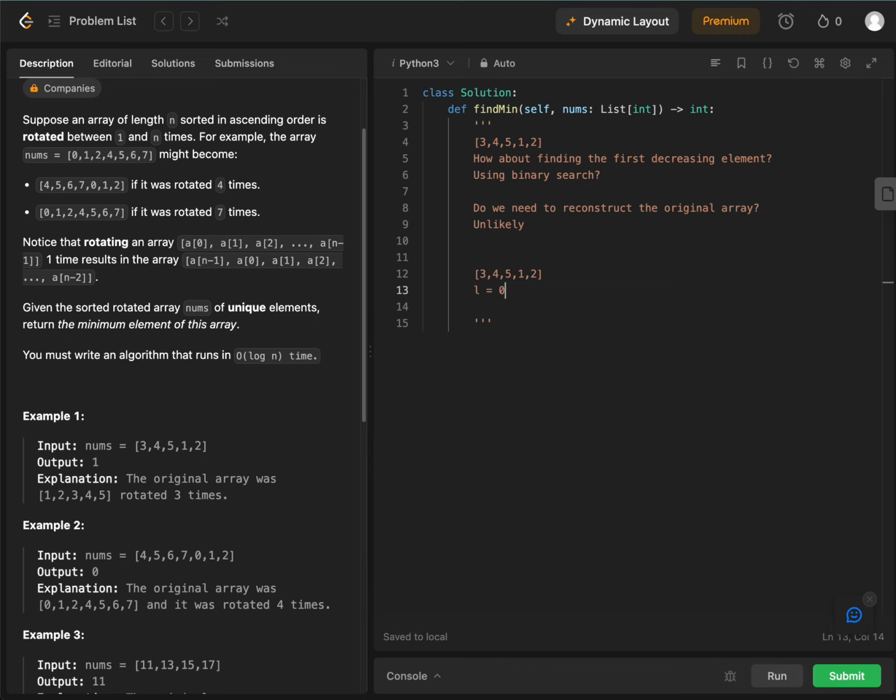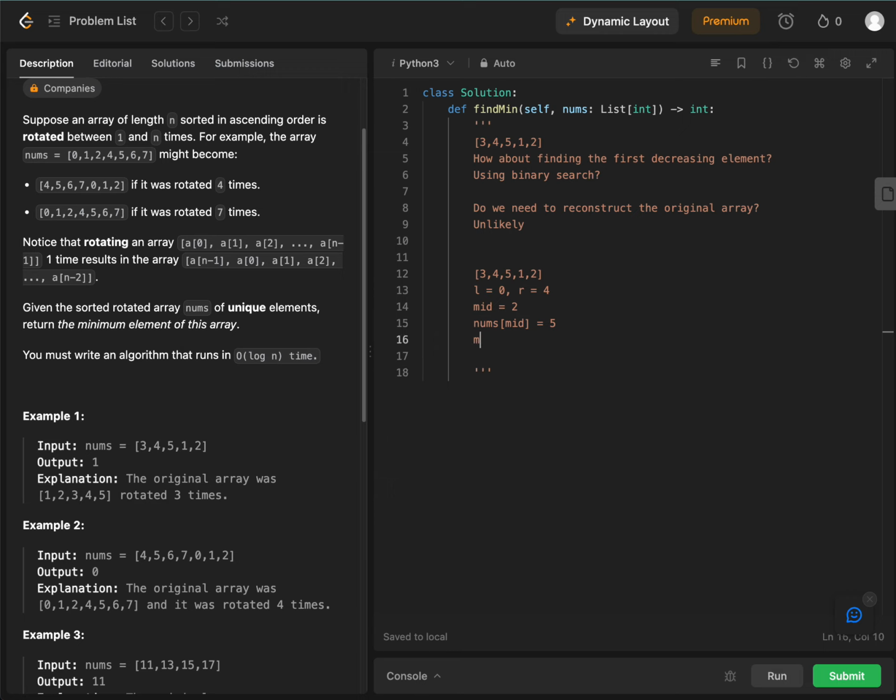Left equals 0, right equals 4, and we have mid here equals 2. 0, 1, 2, 3, 4. Mid is 2, and then nums[mid] will be equal to 5, right? And now what we want to do here is make sure that we can get the middle.